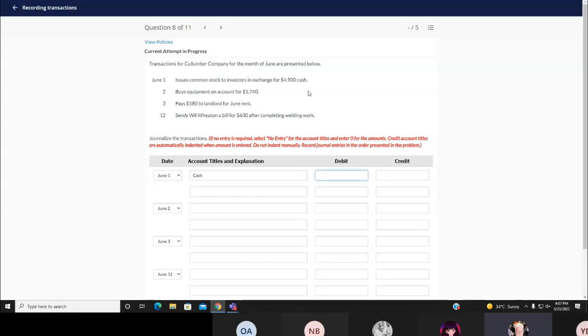Right. 4,900. Which account is credited? Look at the transaction. Which two accounts? Yeah, so which account is credited?